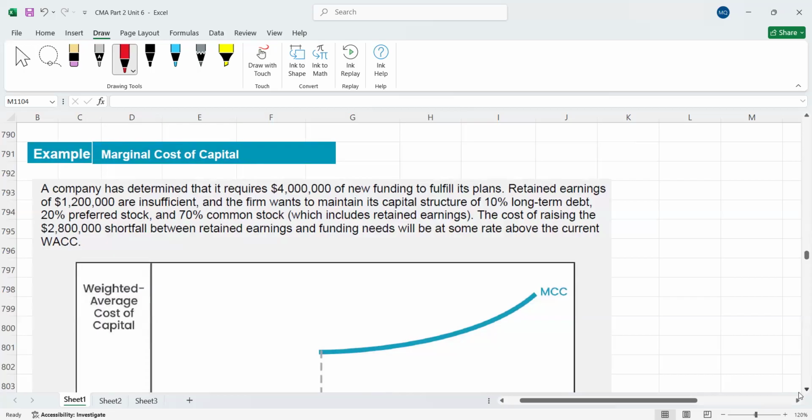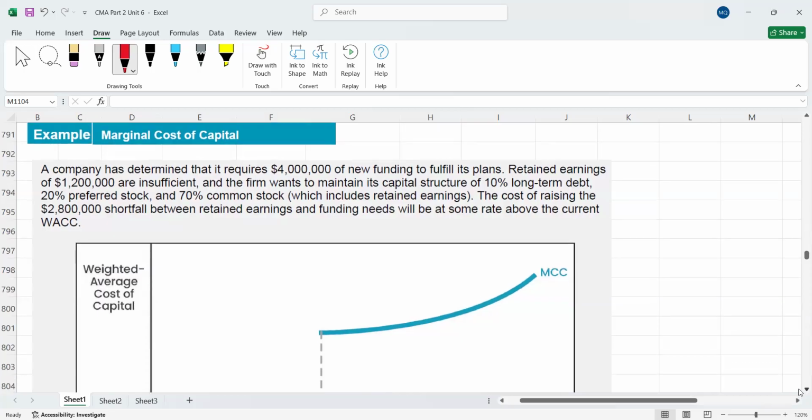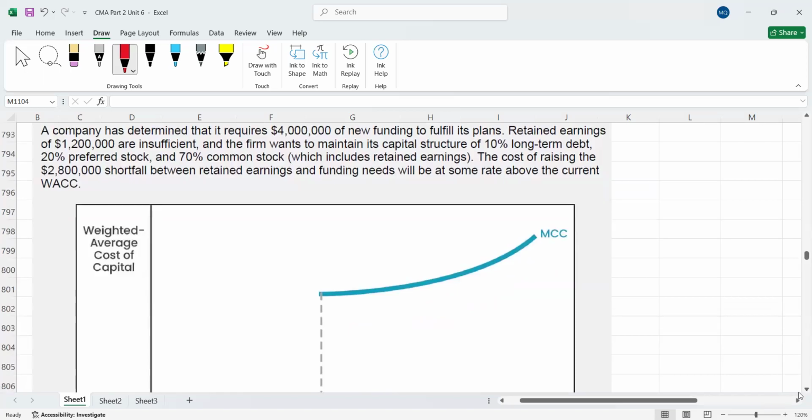I will show you the steps, just a general discussion first. For example, a company has determined that it requires 4 million dollars of new funds to fulfill its plans. Simply, for capital projects, you need 4 million. So retained earnings of 1.2 million are insufficient.